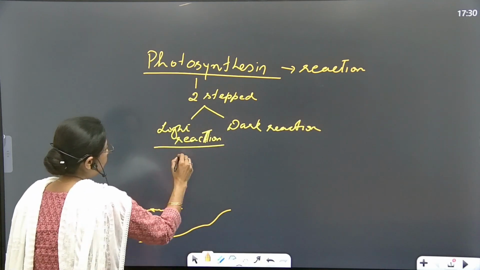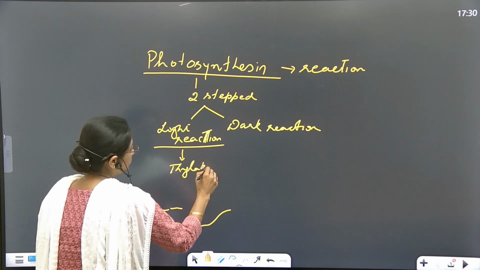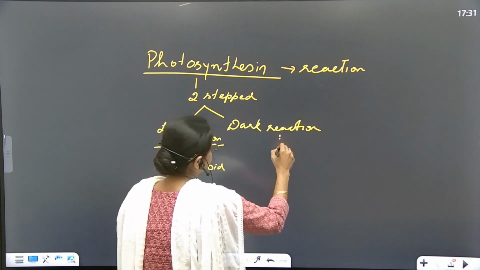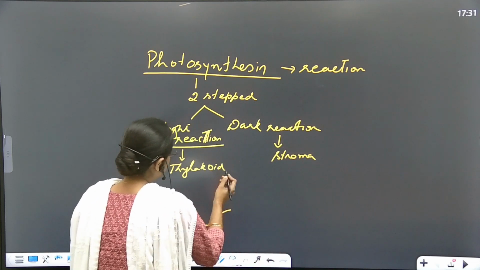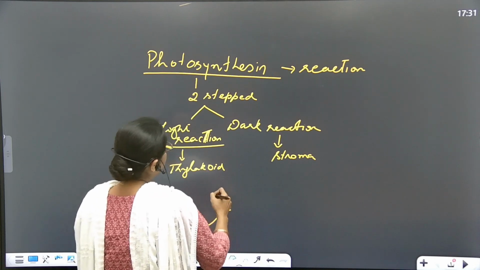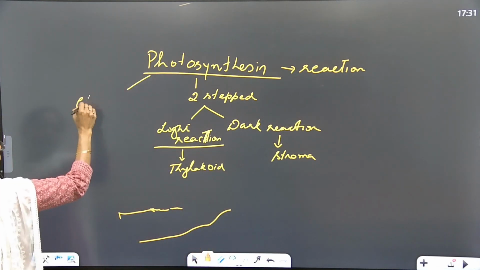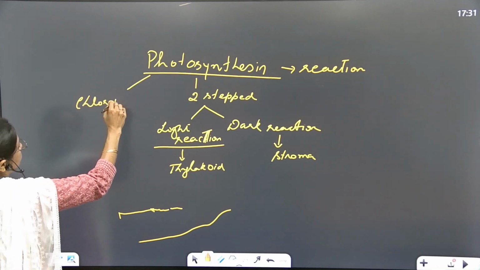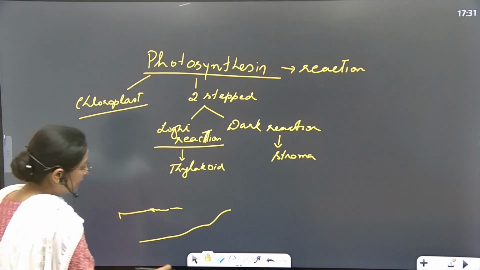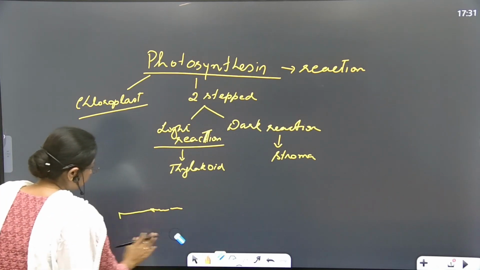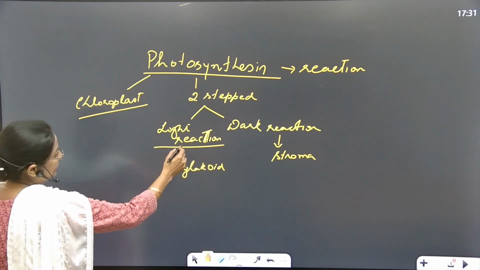Where does light reaction occur? Light reaction occurs in the thylakoid and dark reaction occurs in the stroma, and obviously thylakoid and stroma are inside the chloroplast. So where is the site for photosynthesis? Chloroplast. These are the things that we remember, right?